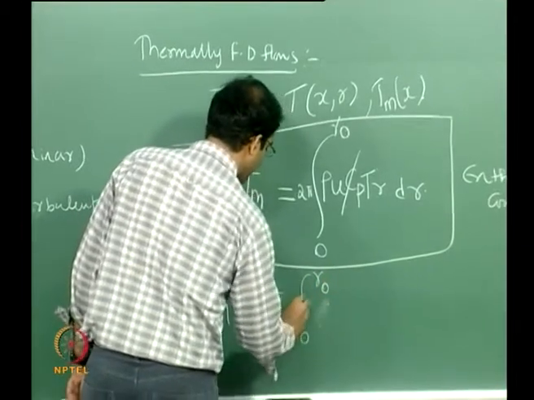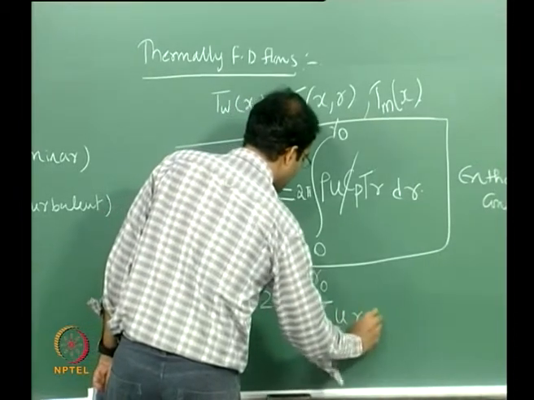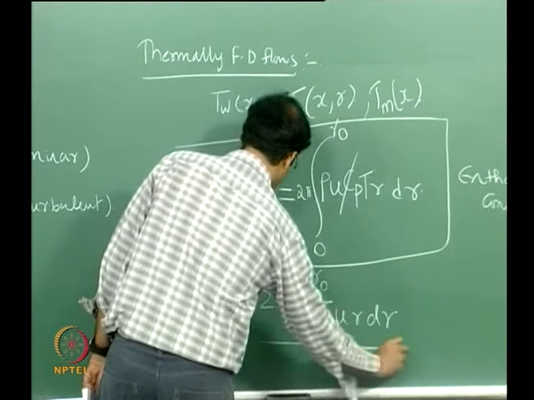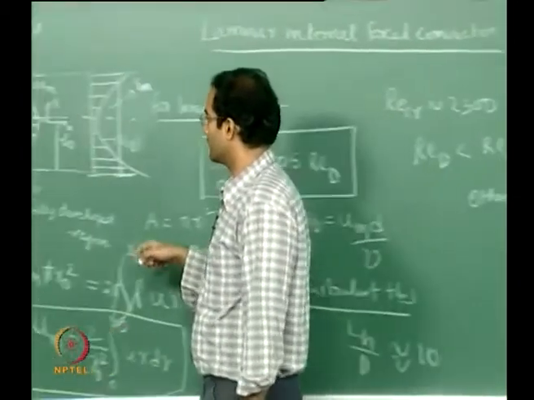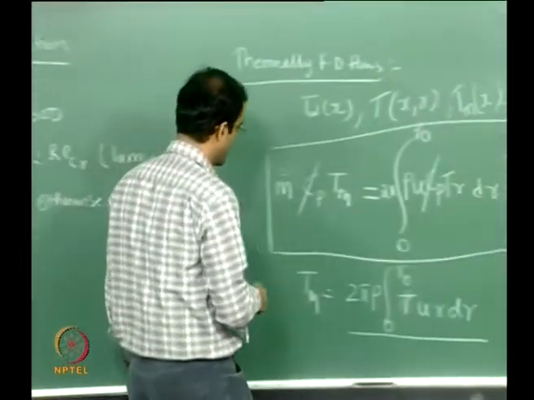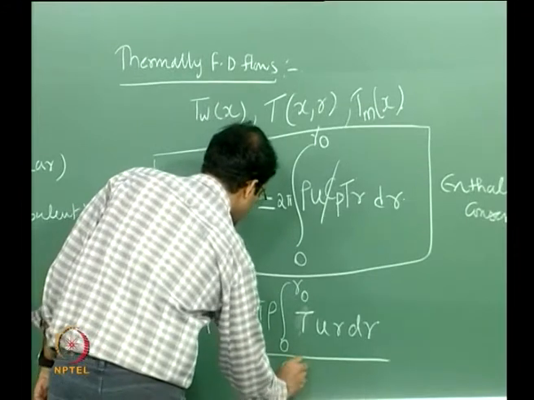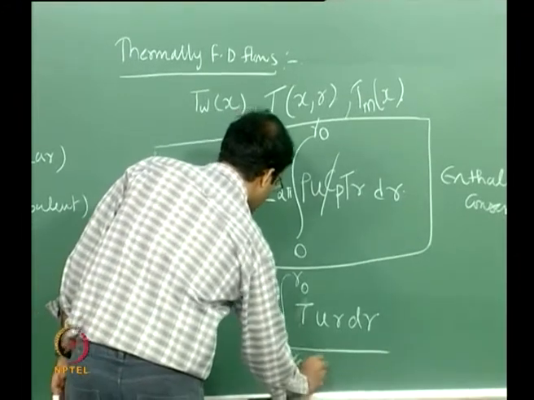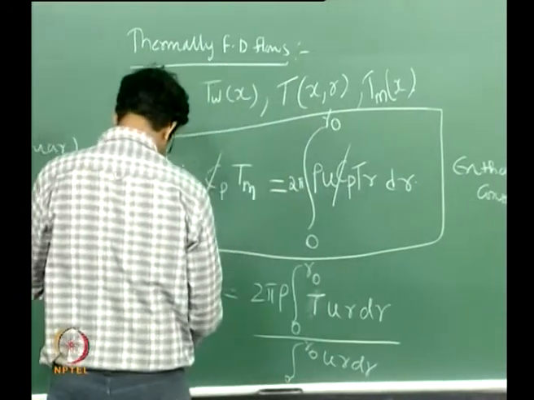I can take my rho out, so T into u into r dr divided by, so my flow rate there again will be a parabolic velocity profile. So I can write this as integral 0 to r naught into u into r dr, right?